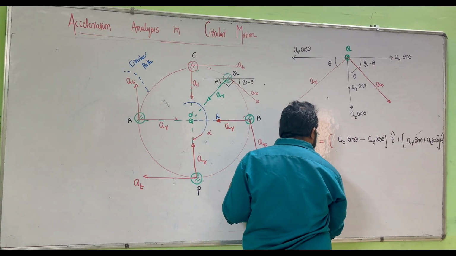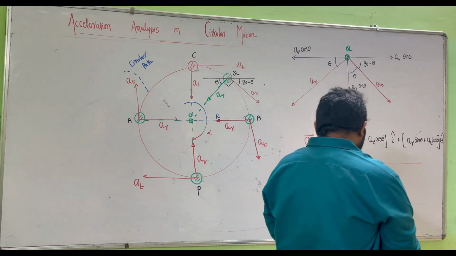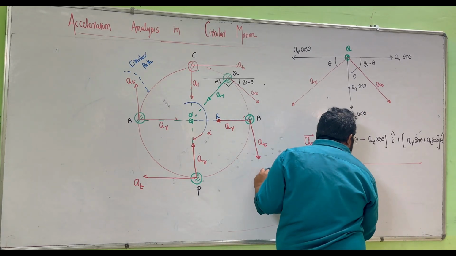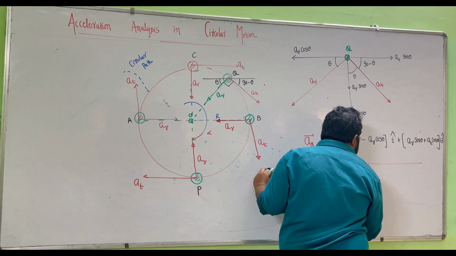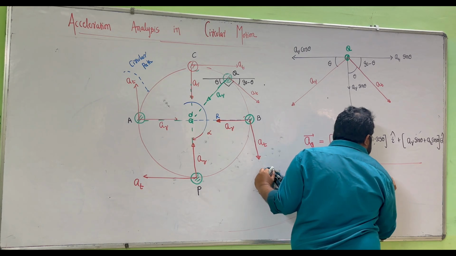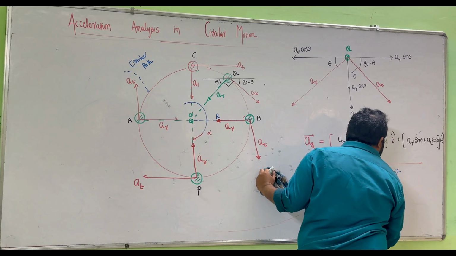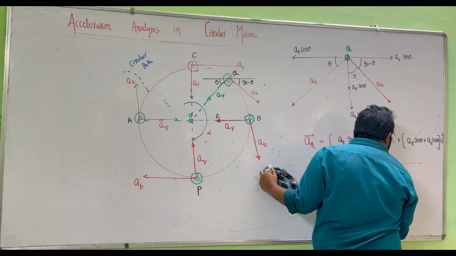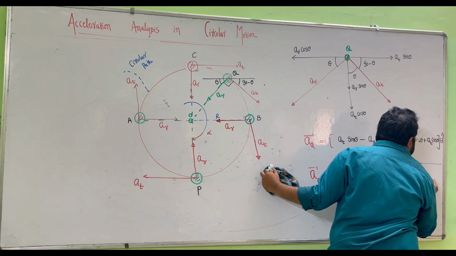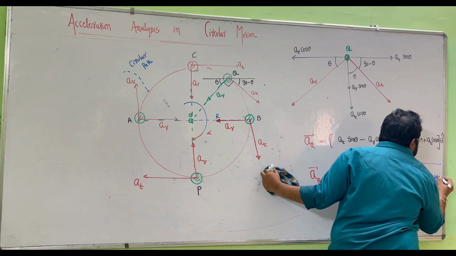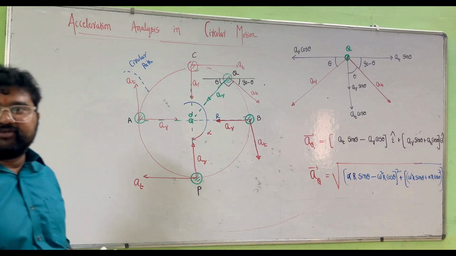What is the magnitude AQ? It is the square root of (alpha r sin theta minus omega square r cos theta) whole square plus (omega square r sin theta plus alpha r cos theta) whole square. If the given data is provided, things will become very simple.